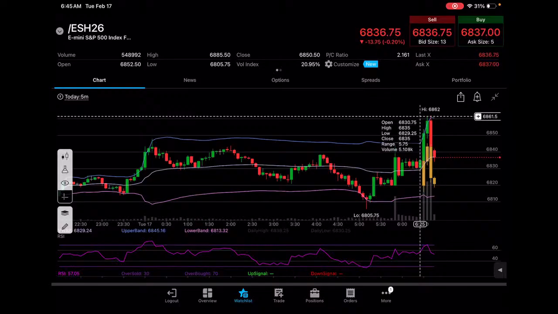Okay, so primary institutional control level. The VWAP for SPX is at 6830. So that is our line.